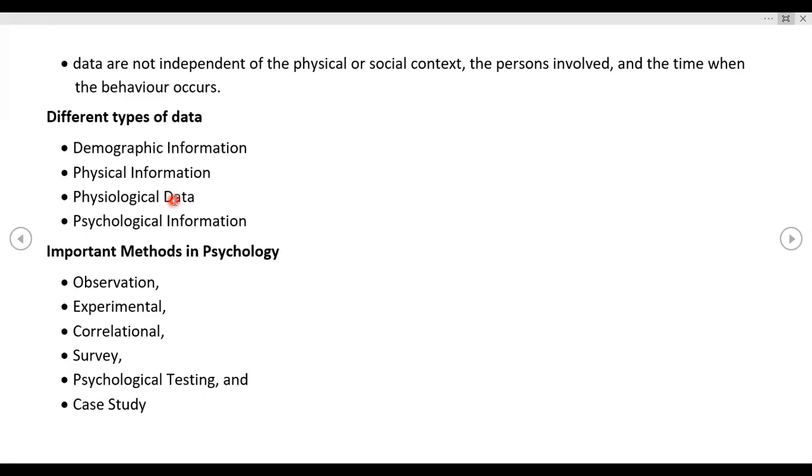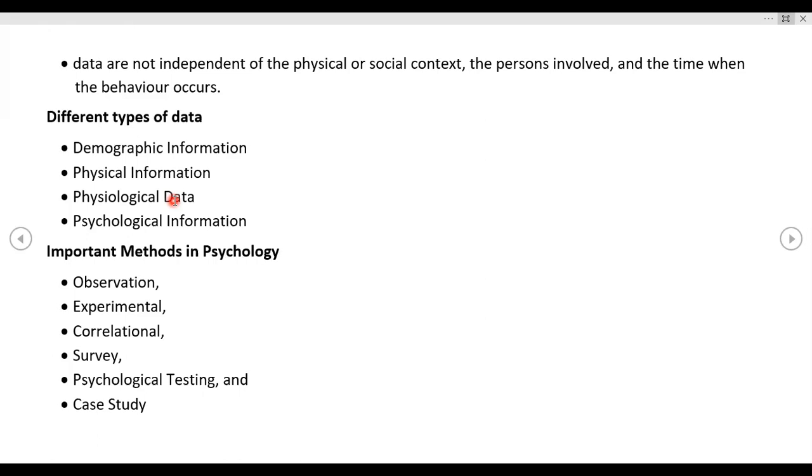Psychological information, for example intelligence: when you are dealing with intelligence and anxiety, stress related, you can calculate that behavior, and then you can understand the numbers associated with them. We will be seeing many other related things, and how they are analyzed.